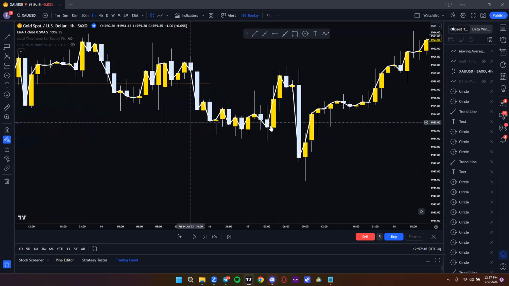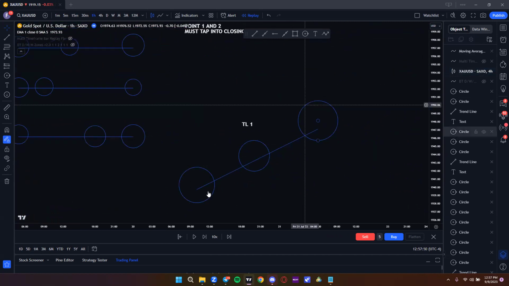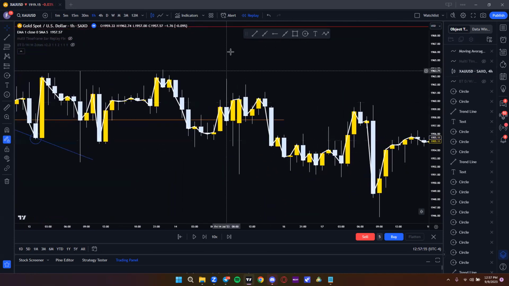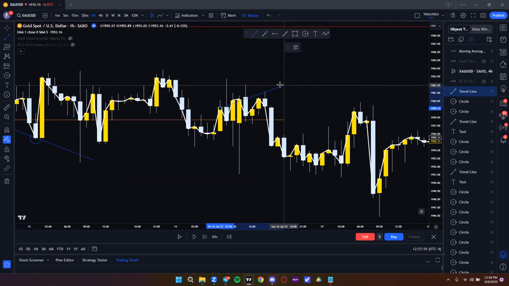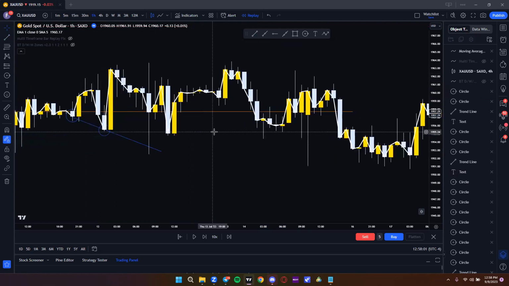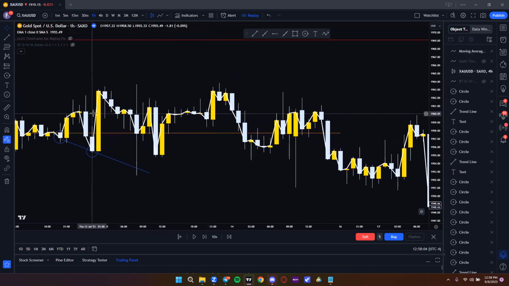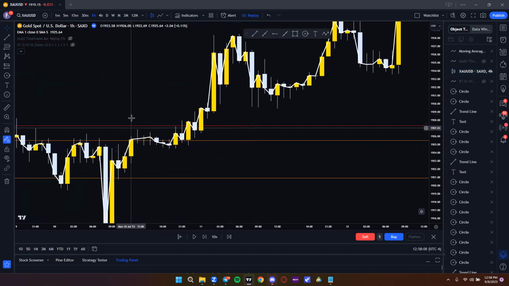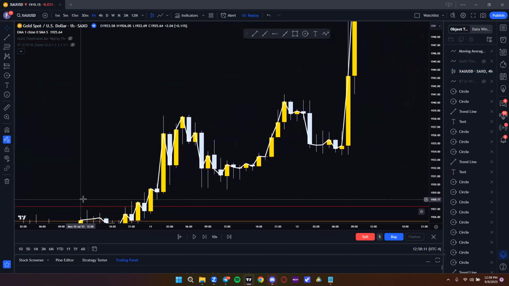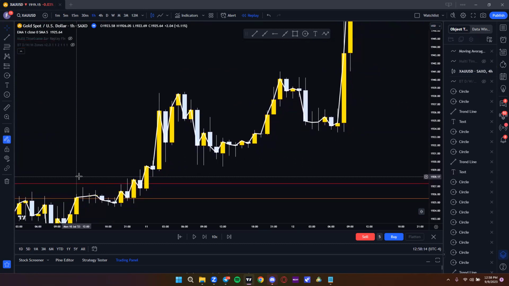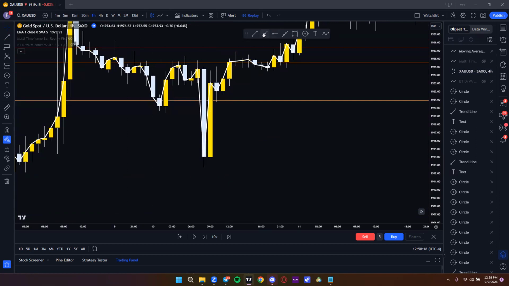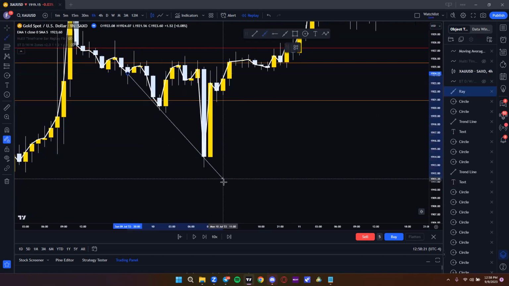Another example of TL1 would be something like this. I think it doesn't work. Oh no, this one they don't work. Let's see. TL1. This one's good.